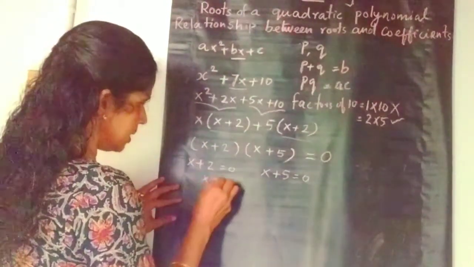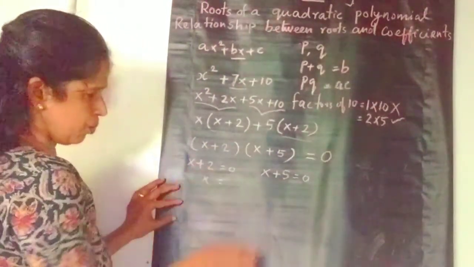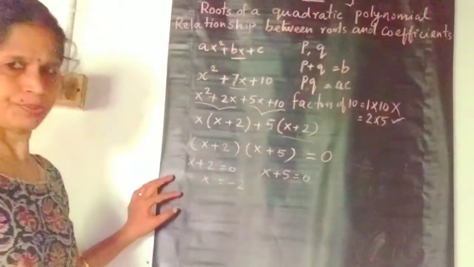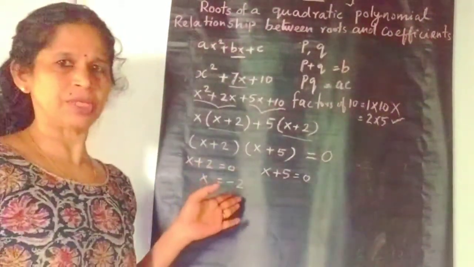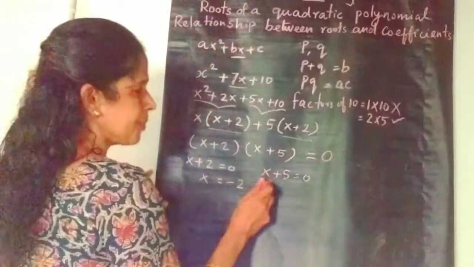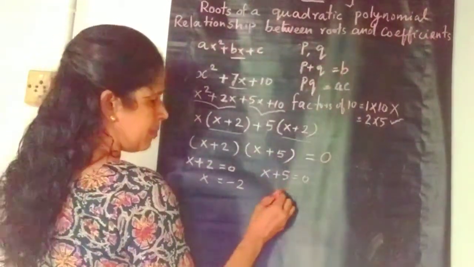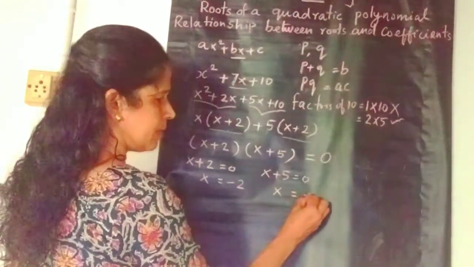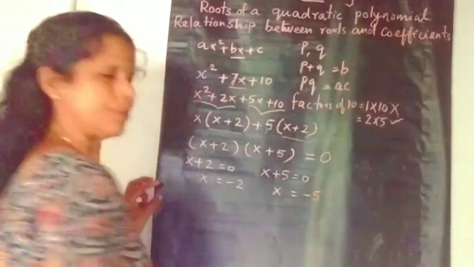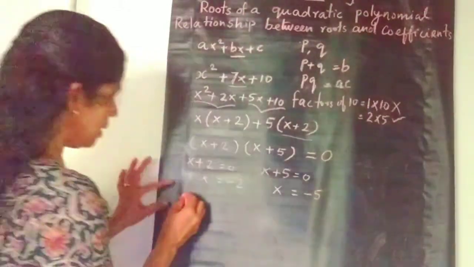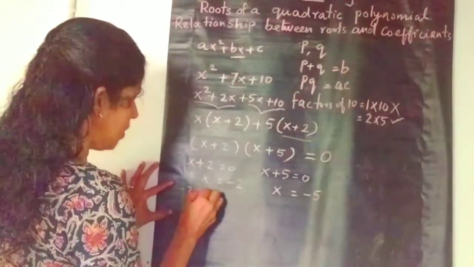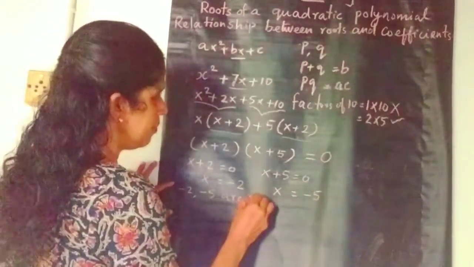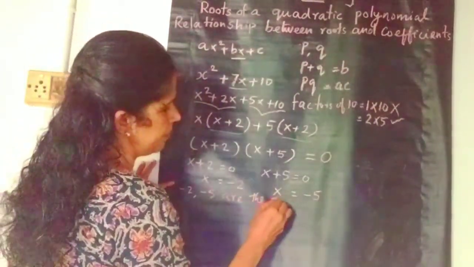By taking x here, x will be this 2. Cancelling this 2 means this side will come minus 2. You know how to solve the equation, right? Same way, here x plus 5 equal to 0. That means x equal to, now going to the right side, it will come negative 5. So here minus 2, minus 5 are the zeros of the polynomial.